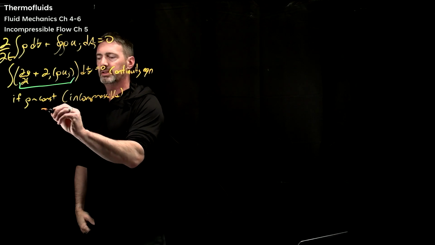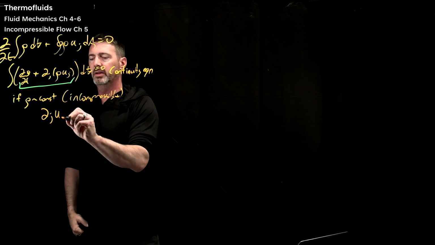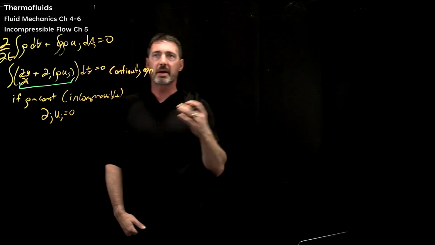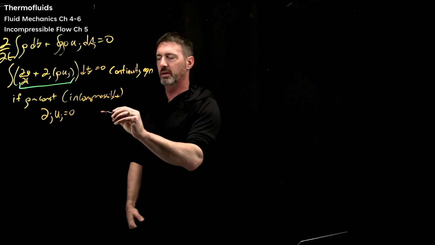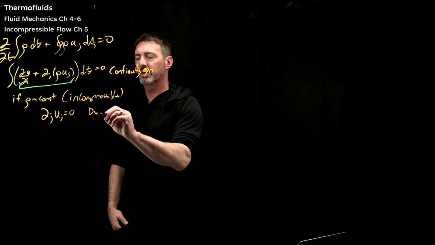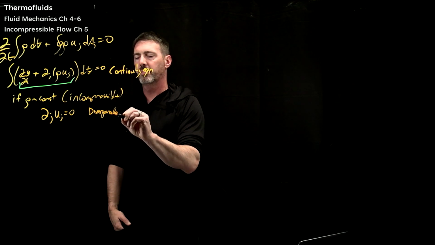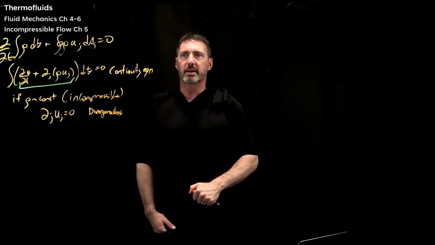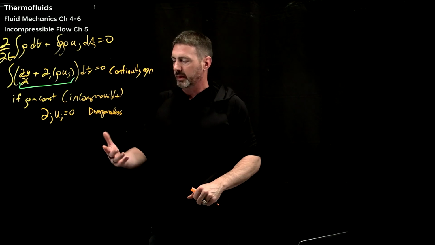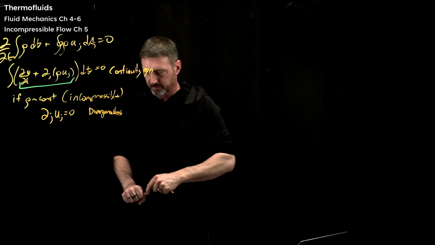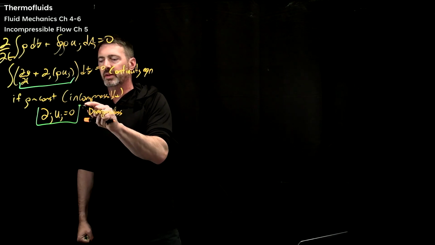And so then you're actually just left with dj uj equals 0. The mathematicians have a term for that. It's called divergence-free or divergence-less. And that would be one of our basic equations here, certainly in the world of incompressible flow.